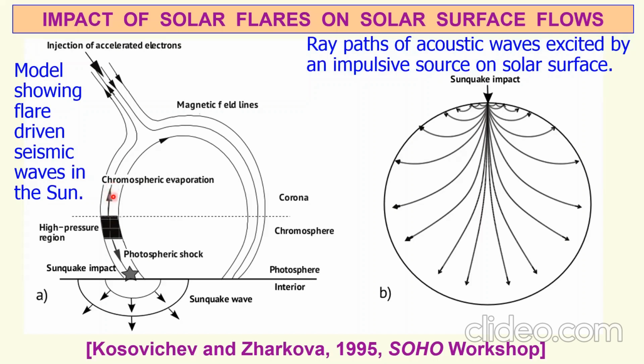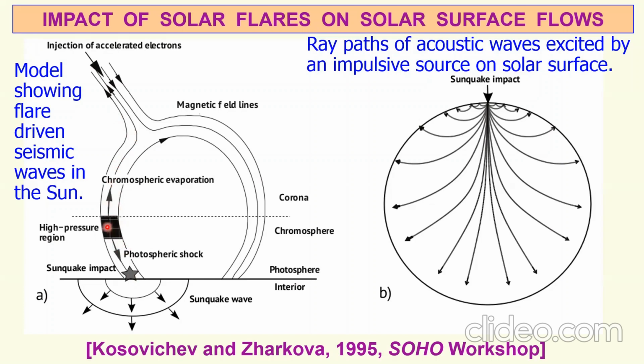And this chromospheric evaporation, when this plasma goes up and cools down, when it settles down, it creates a high pressure region in this area. And what happens is that the downward settlement of plasma creates a photospheric shock. As well, the energetic particles, when they hit the chromospheric plasma, give rise to hard X-rays, which is Bremsstrahlung radiation.